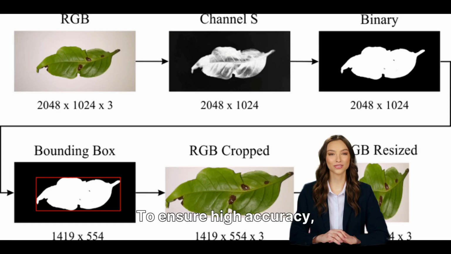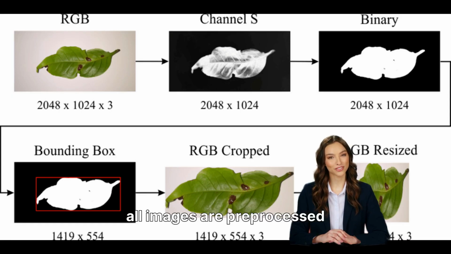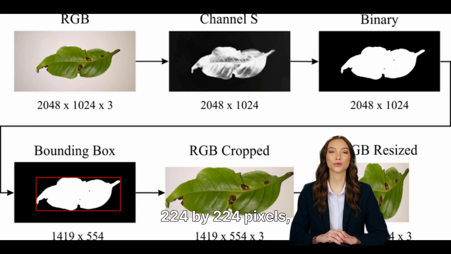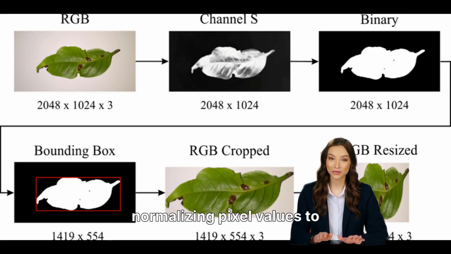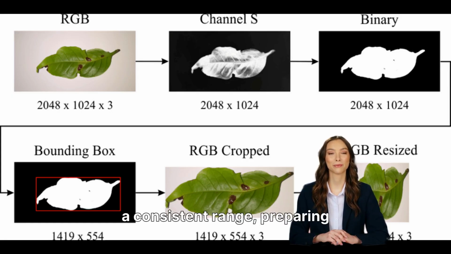To ensure high accuracy, all images are pre-processed by resizing them to 224 by 224 pixels, a standard input size for EfficientNet B0. This is followed by normalizing pixel values to a consistent range, preparing them for optimal model performance.